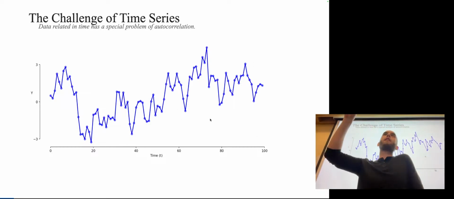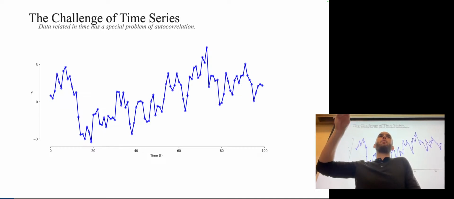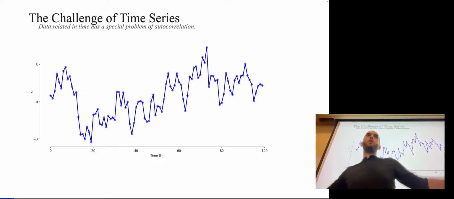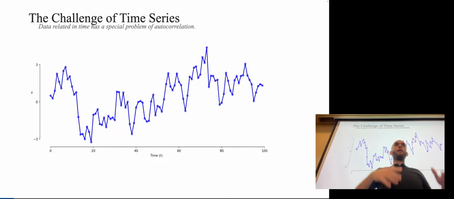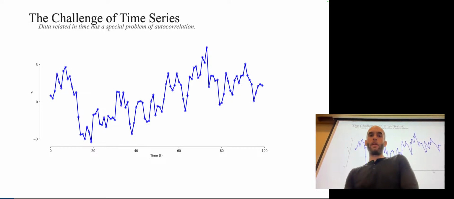We have this correlation between data points in sequence. So a data point tomorrow is more closely related to a data point today than it is to the data in general. We have this relationship between data points related in time.